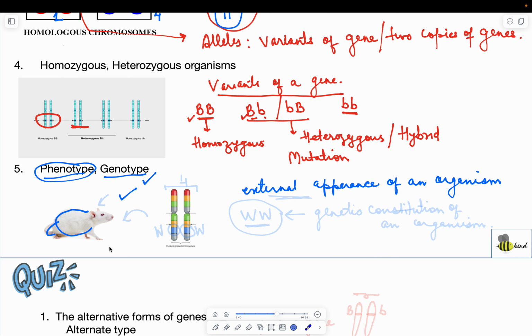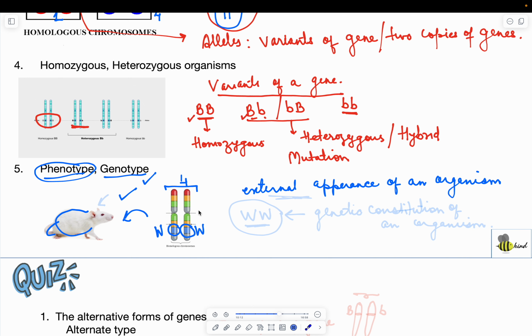And what is the genotype? If you are trying to look at the set of genes, the kind of gene this mouse has, say for example, this mouse has this set of chromosome, and this is, for example, chromosome pair 4. And over here, this pair of gene or these alleles, you can mark them as capital W or W, right?